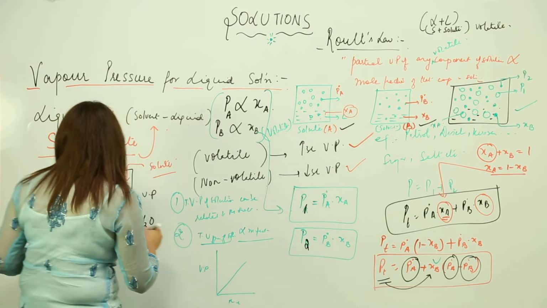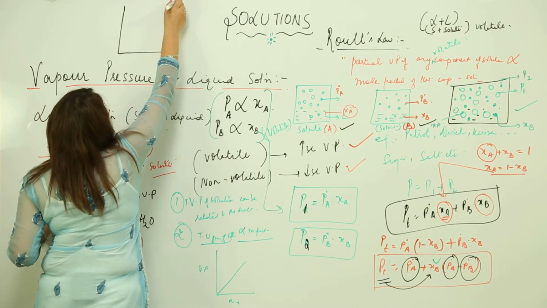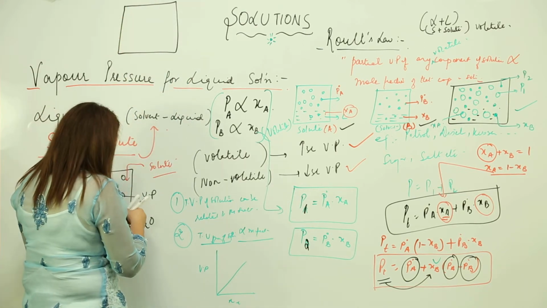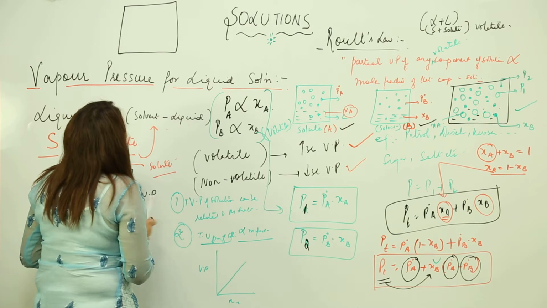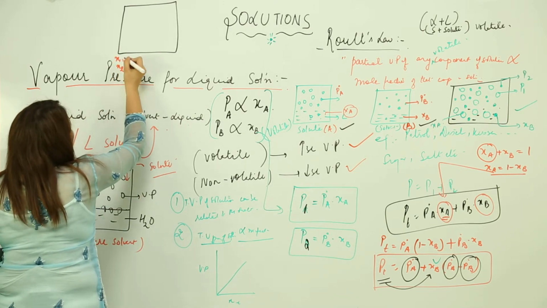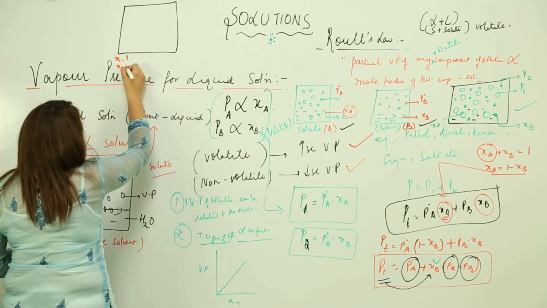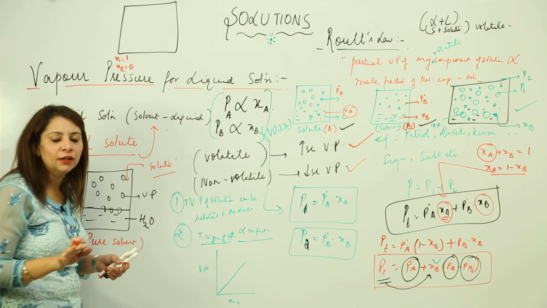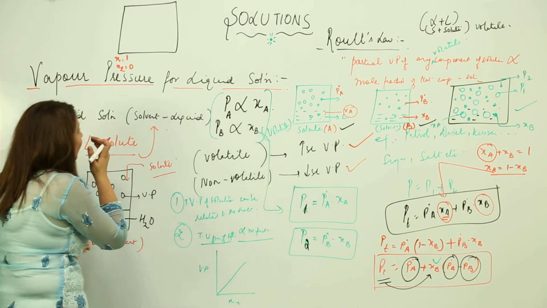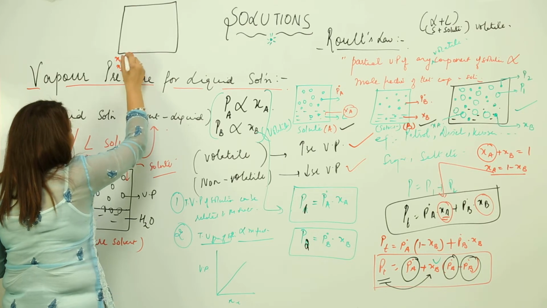So let us make the graph here, or on this side. Let us assume that we have two components, 1 and 2, or A and B, whatever. Let us say that the mole fraction of x1 is 1 and the second component is non-volatile, or it is not present. So when it is not present, obviously the vapor pressure is just going to be due to x1.